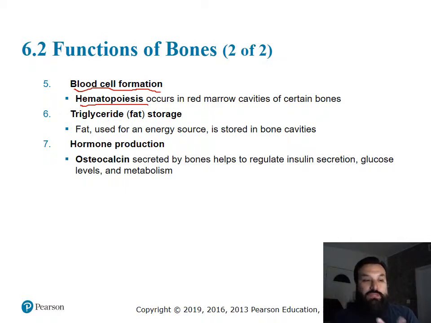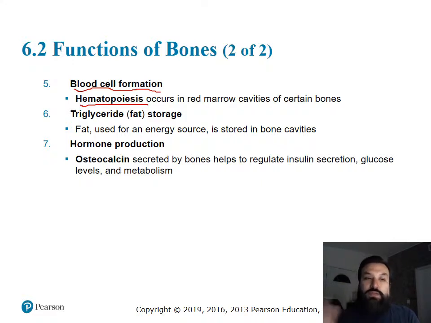These are your red blood cells and your white blood cells, both extremely important for sustainability of life. We call that hematopoiesis, okay? The forming of blood cells, and we form these continuously.